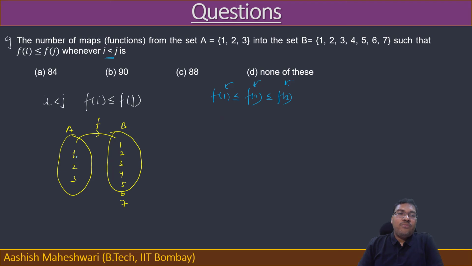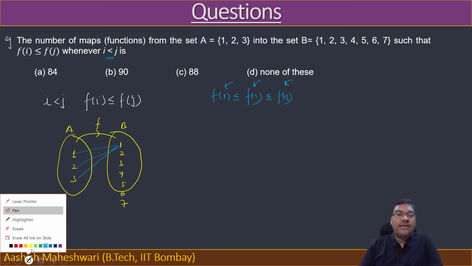Now see, if you are mapping from set A to set B, how many elements of set B can be taken as the range? Either all the elements are mapped to one element, which may be any element; I am just saying the range has only one element.